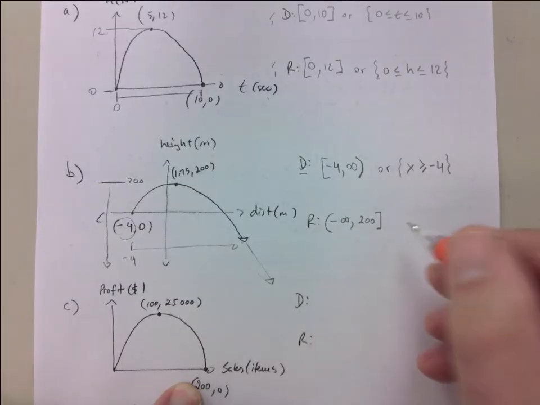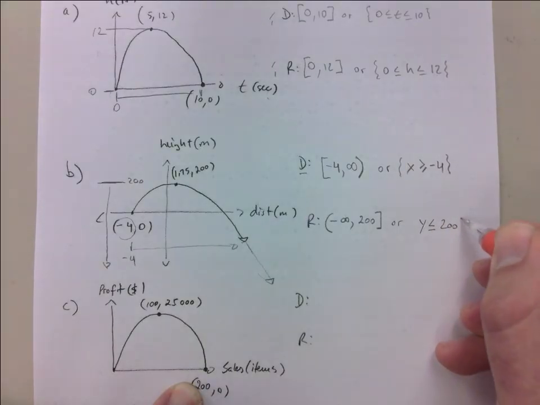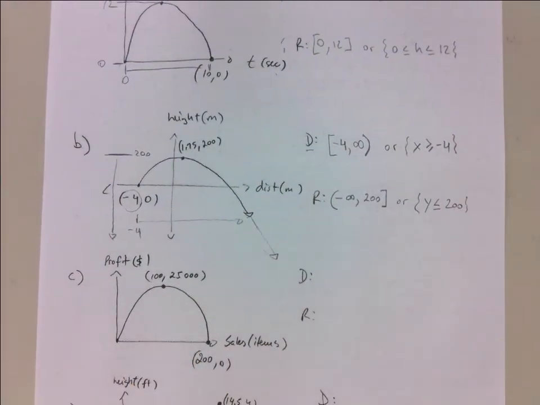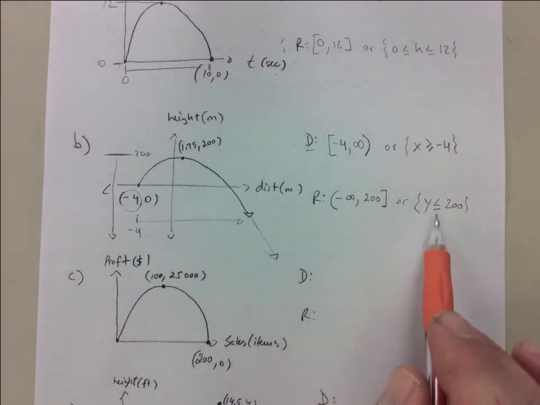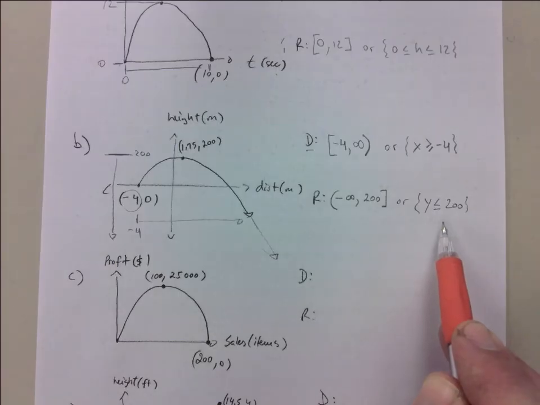Or y is less than or equal to 200 is the set notation for it. You can choose which one to state, but I may, on a multiple choice format, present you with this, so you need to be comfortable reading it.